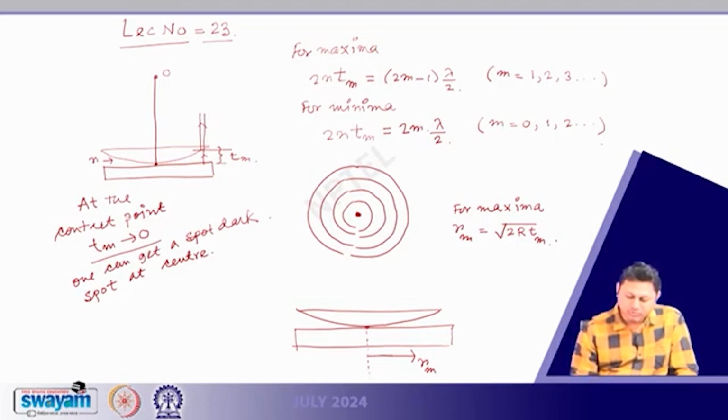That means if we know the thickness and we know R, we can calculate the value of Rm, or, in another way, if I measure Rm and R is known, then you can calculate Tm. So that is the formula for Rm.